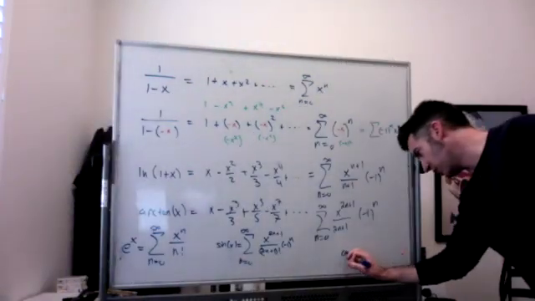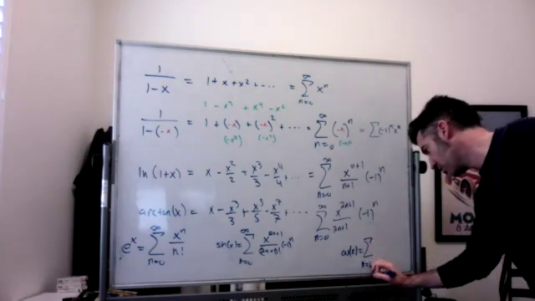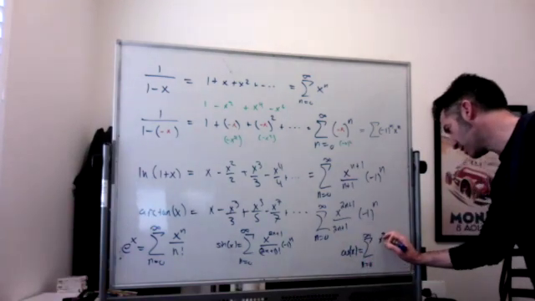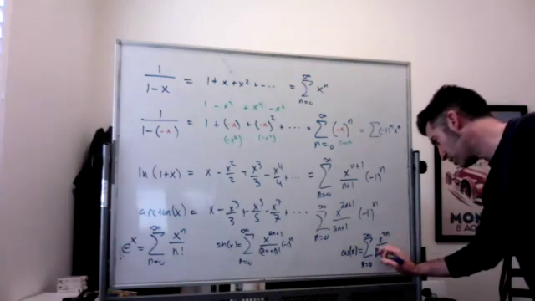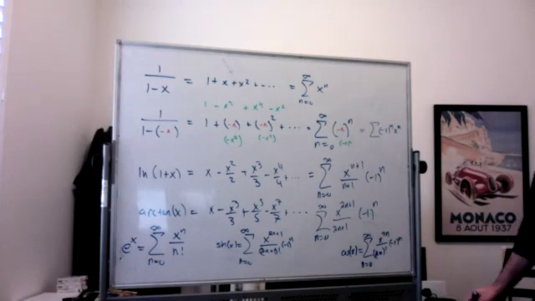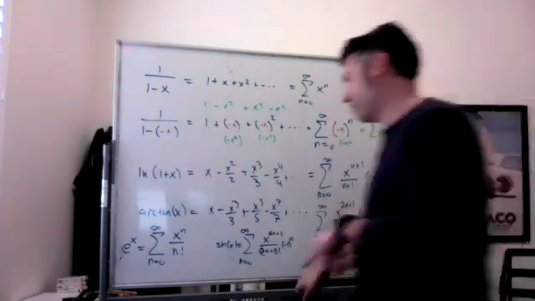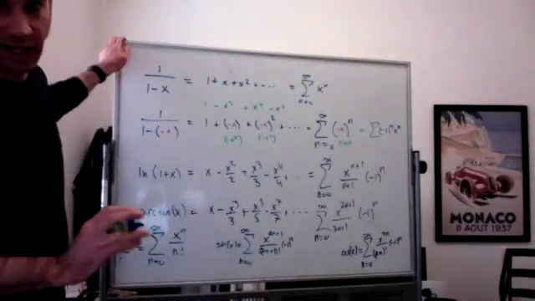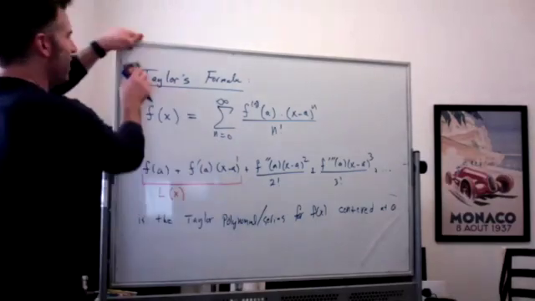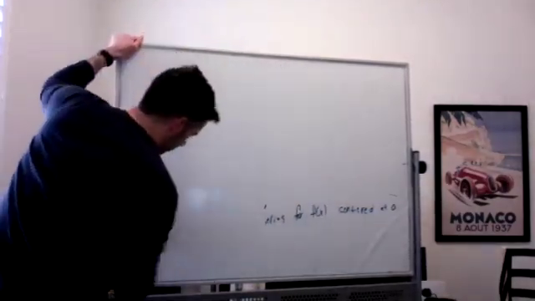Cosine of x is the sum from n equals 0 to infinity of x to the 2n over 2n factorial times negative 1 to the n. All right, so I really think you should know all of these. Let me write out e to the x, sine x, and cosine x, because there's a nice connection. In fact, we might as well say this now.